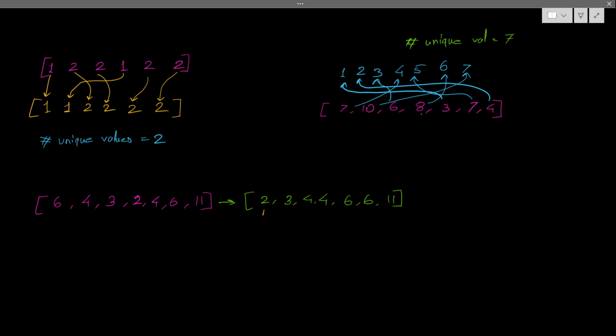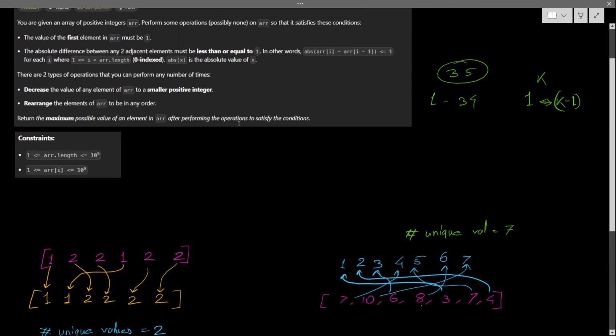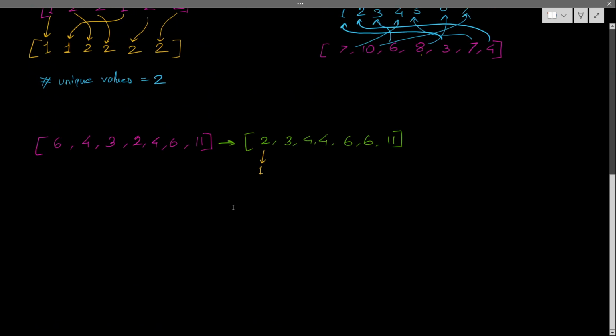By default, the first element would be 1. See, the constraints say the length is up to 10 to the power 5 and the maximum element is up to 10 to the power 9, so obviously there will be some values present. If the first element after sorting becomes 1, it's fine; we are converting 1 to 1. Otherwise, if it is any other number, it is very good actually.